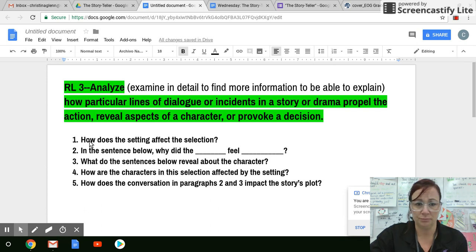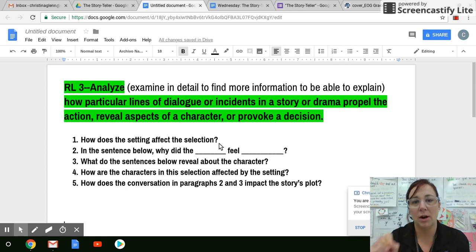So in the first one, how does the setting affect the selection? I told you at the beginning to circle dialogue, but dialogue isn't setting. So go back to the beginning of the text in your plot diagram. That plot diagram is going to give you so much information if you just take the time to draw it out.